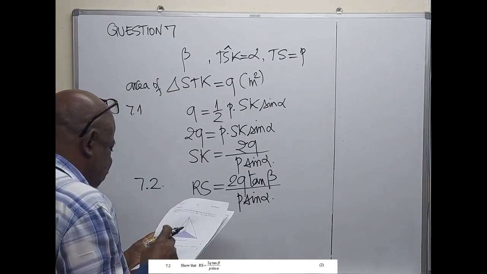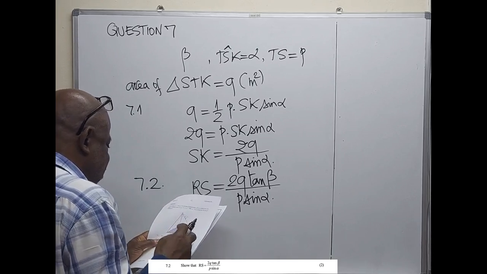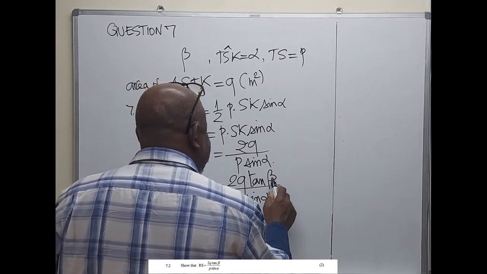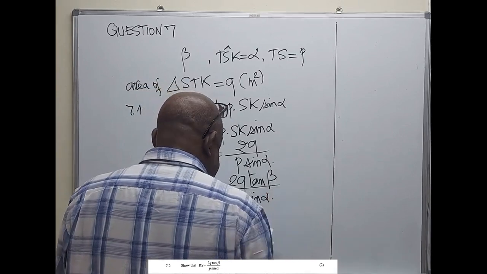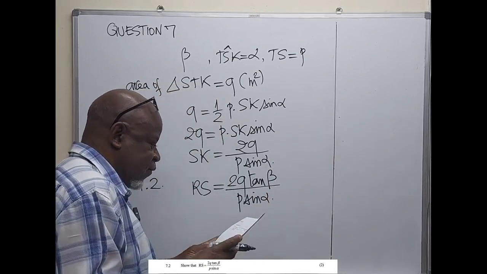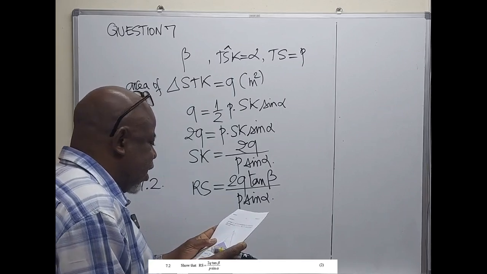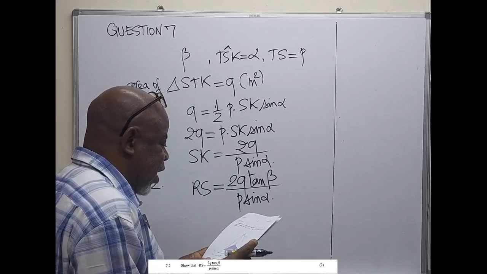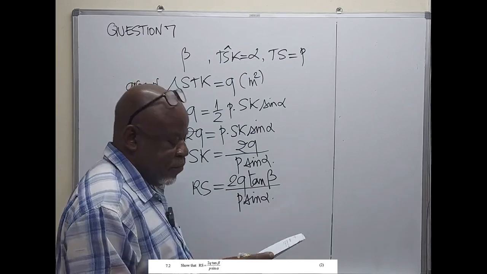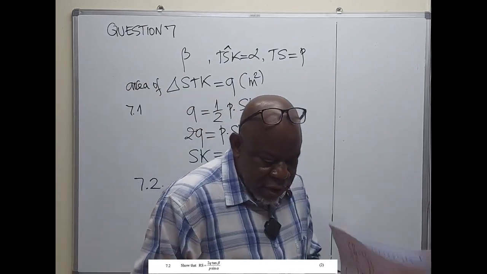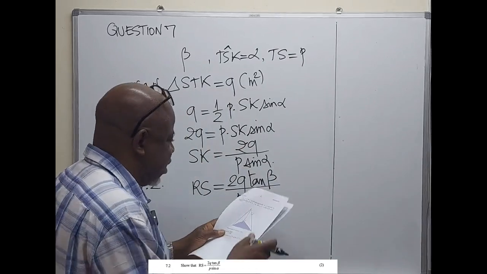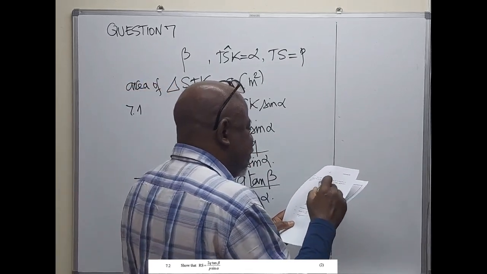Now in this question 7.2, we have a new element, angle beta. So watching our graph, they said that the angle of depression from R to K is angle beta.